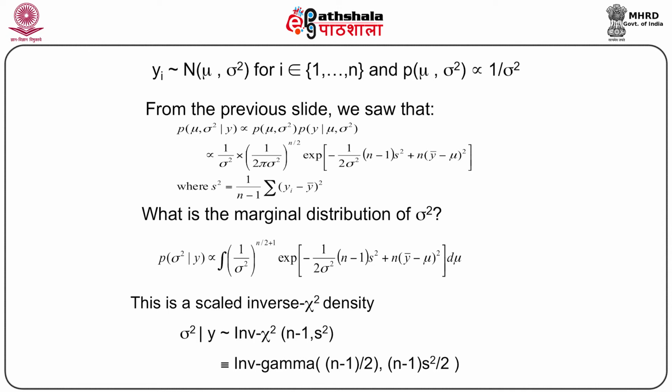So we integrate the above expression with respect to mu. And if you do that, then the posterior distribution will be inverted chi square with degrees of freedom n-1, which is an inverse gamma distribution with two parameters, n minus 1 over 2 and (n minus 1) s square over 2.